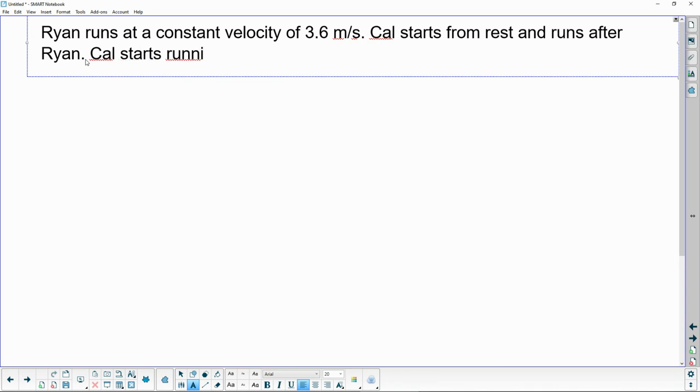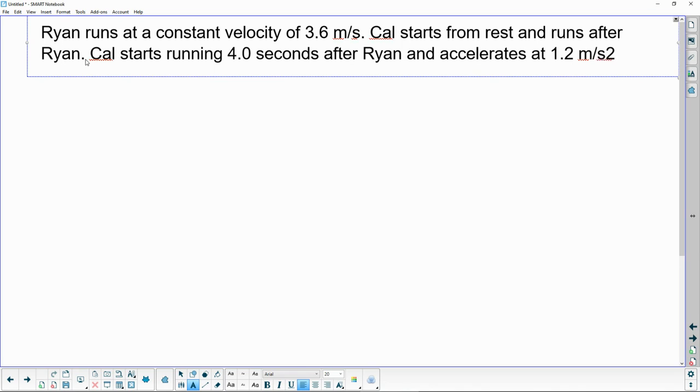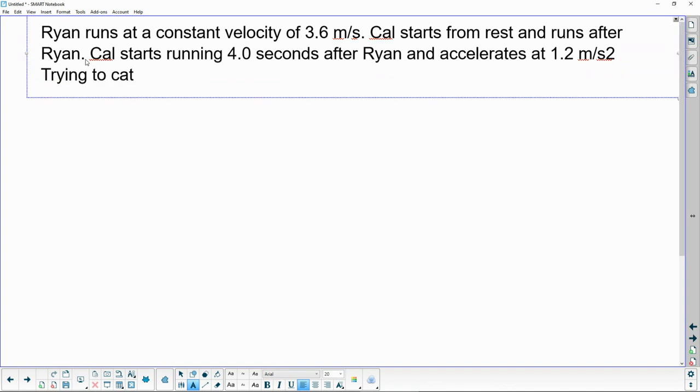We'll say starts running 4.0, we'll make it 2 significant figures, seconds after Ryan, and accelerates at 1.2 meters per second squared trying to catch, we'll say to catch up.